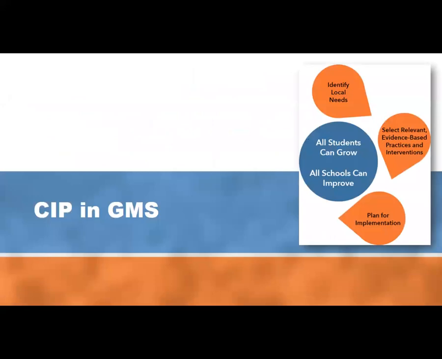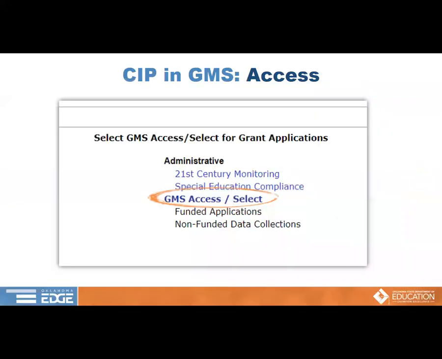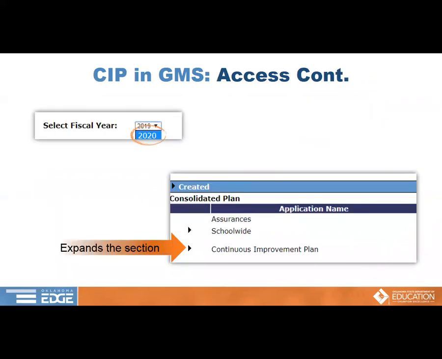Now we're going to talk about the Continuous Improvement Plan in GMS. I'm going to walk you through how to get there, and then Jan's going to talk to you about the content that we would like to see on the individual tabs. When you log into GMS, which is available to you on the single sign-on, you're going to click on the GMS Access Select link.